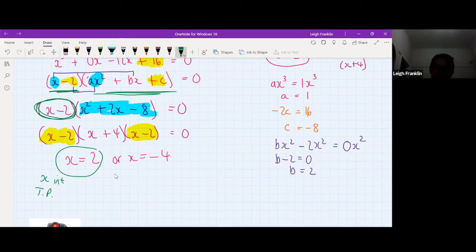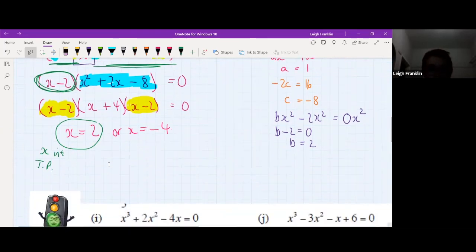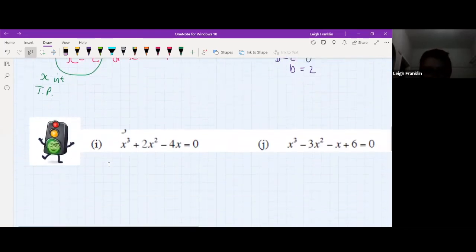Very important that you know that and you understand that and you're able to work with it. So if a bracket repeats itself, it means that that solution for x is not only an x-intercept, it is also a turning point.